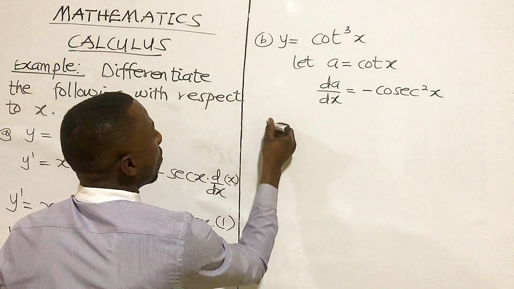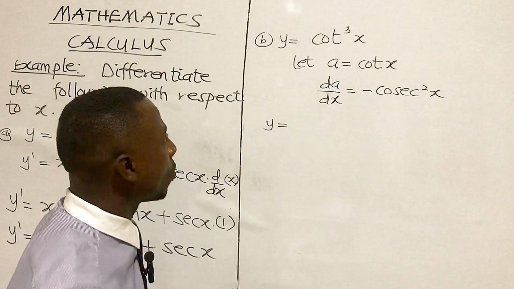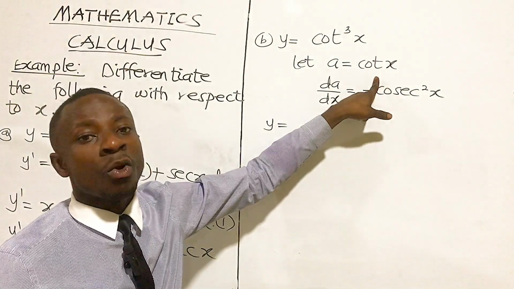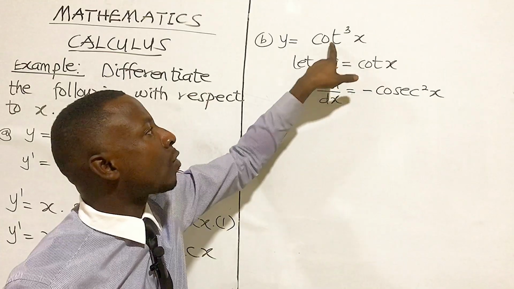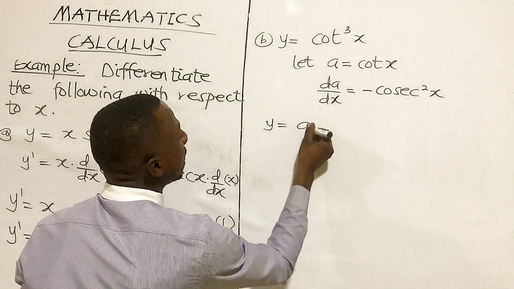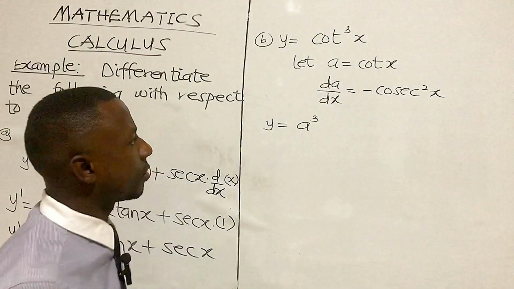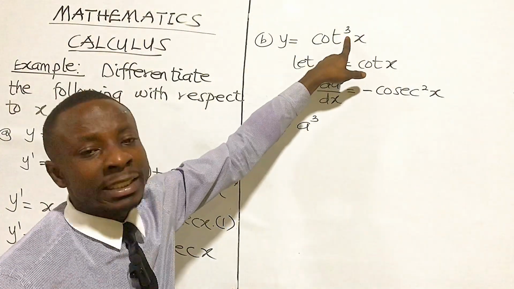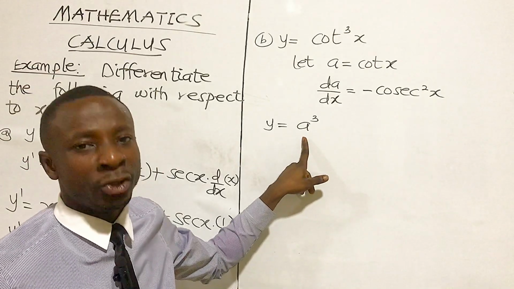Now we are getting y to be equal to, over here, a is representing cot x. But the cot x is carrying an exponent. So we are going to get y to be a cubed, because a is the whole of cot x, but cot x is cubed.